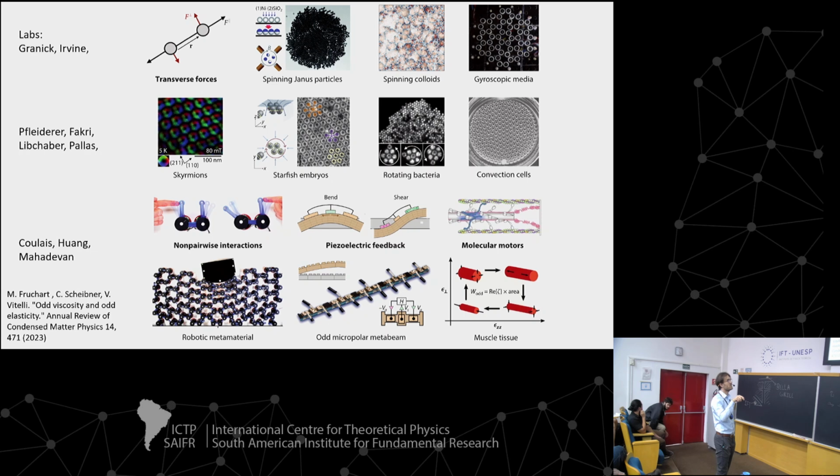Turns out that muscles in many ways have this odd elastic structure, but in a different way, where you have molecular motors that process along filaments in the fiber and exert work. So if you do special deformations of this muscle tissue, you'll get interesting active phenomena out of it.